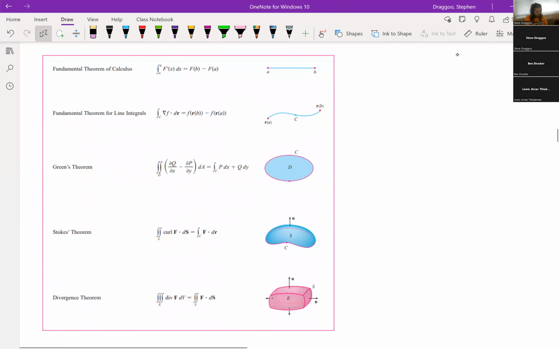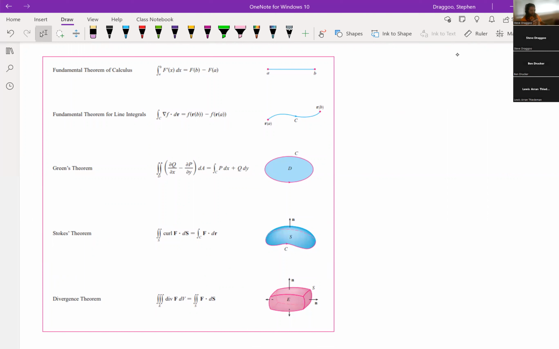So then when we go to look at Green's theorem, which will again be an extension or an evolution of the fundamental theorem of calculus, I want to equate a double integral of some function to a single line integral of a very related function that's evaluated only on the boundary of the region that I was integrating over.